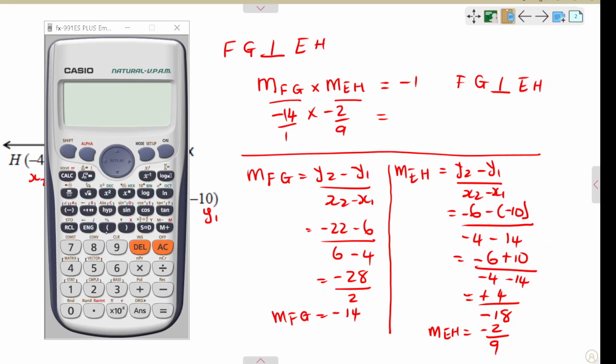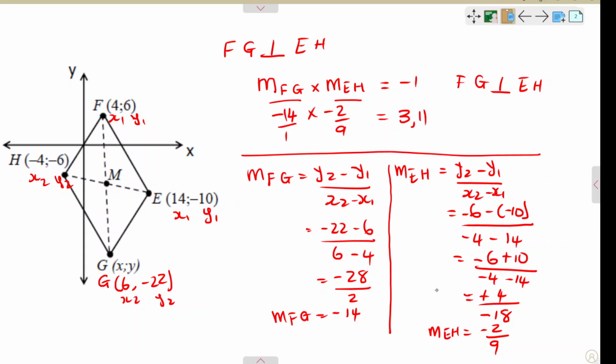I'm going to have a fraction of negative 14 over 1 multiplied by another fraction, which is negative 2 over 9. I don't think I'll get a negative 1 here. No, we don't get a negative 1, we get a positive 3.11.